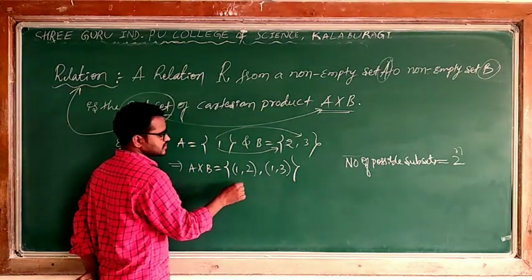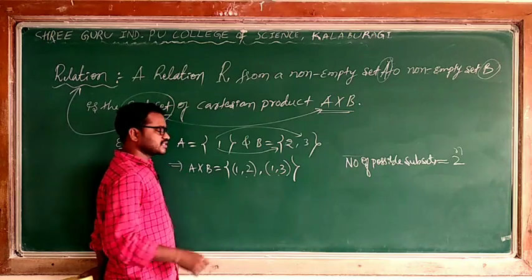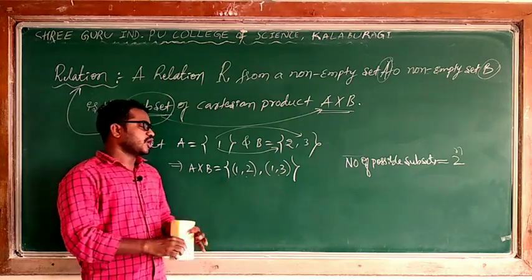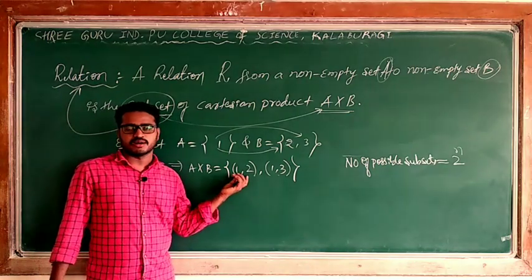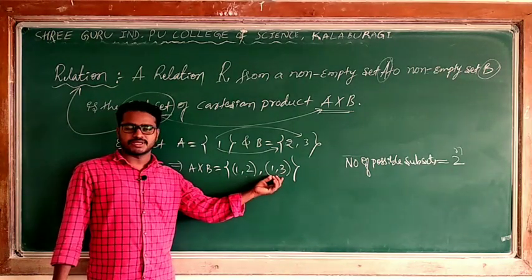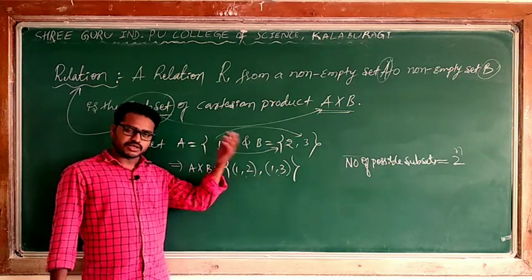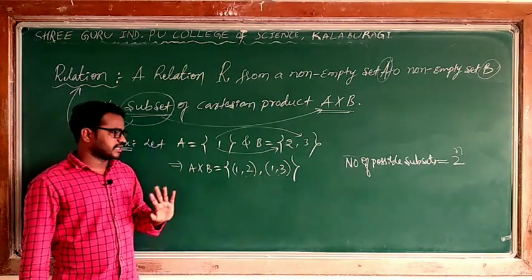So here how many elements? 1, 2. Because in the case of Cartesian product, one ordered pair is one element. Don't say 1 comma 2 is 2 elements and 1 comma 3 is another 2 elements, including all, 4. Don't say like that.